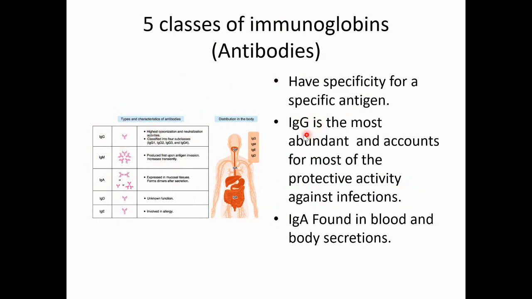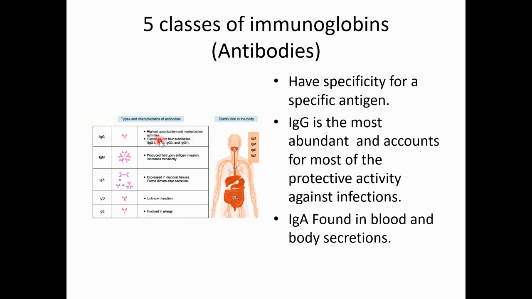The IgG is the most abundant and accounts for most of our protective activity against infections. So we can transfuse some IgG to a patient through IVs or subcutaneously. They get these IgG infusions every week to build up their antibodies because they may be immunodeficient for some reason.